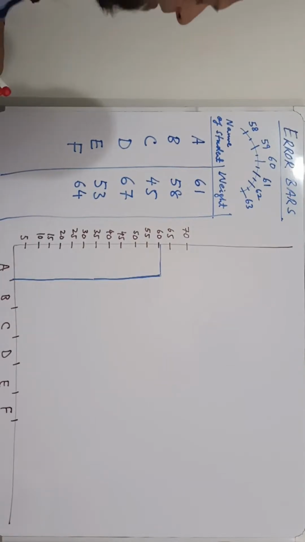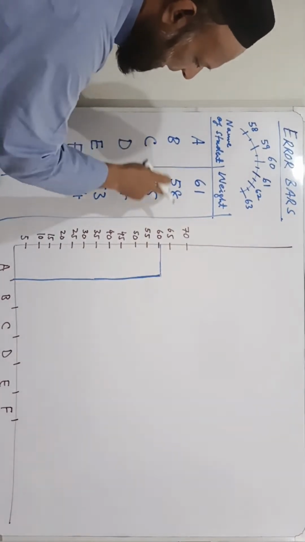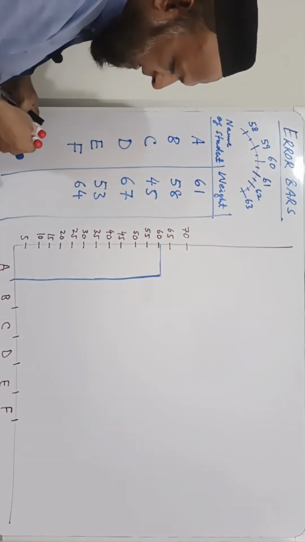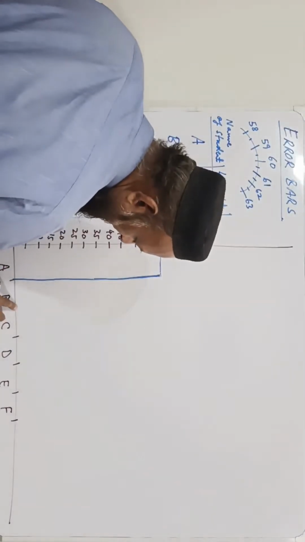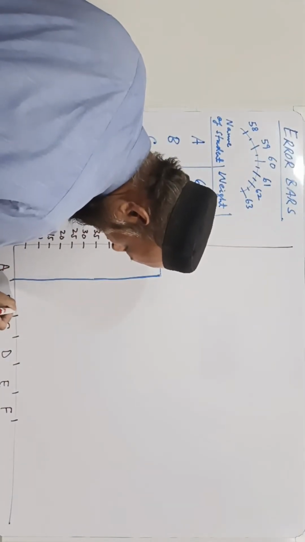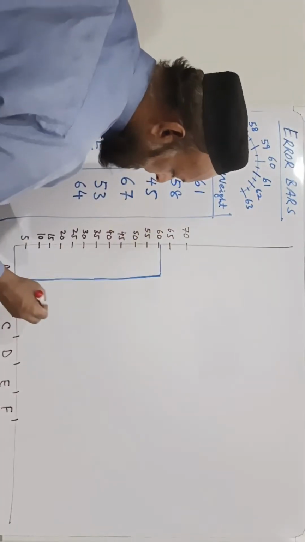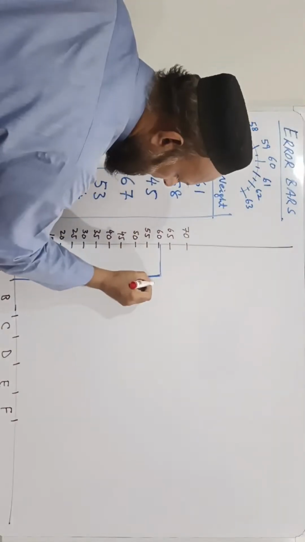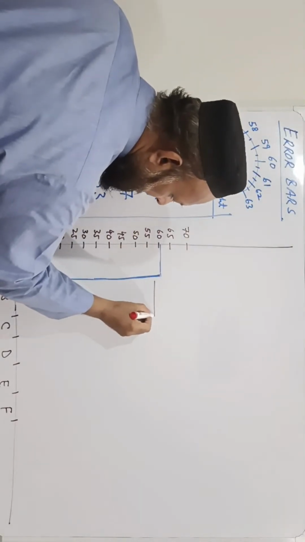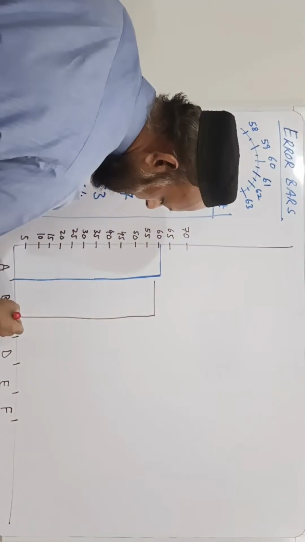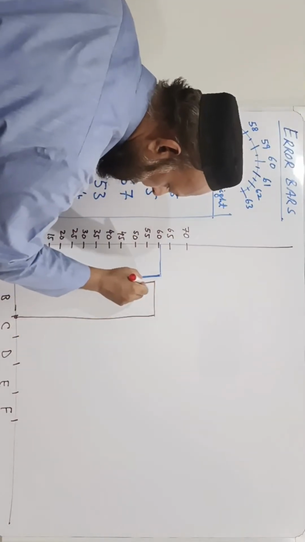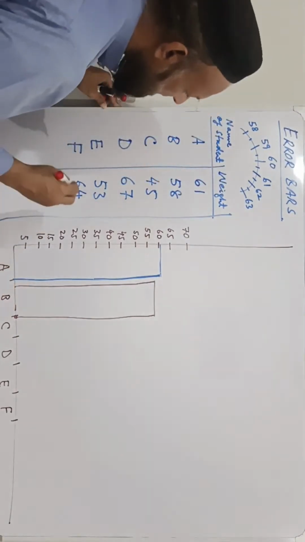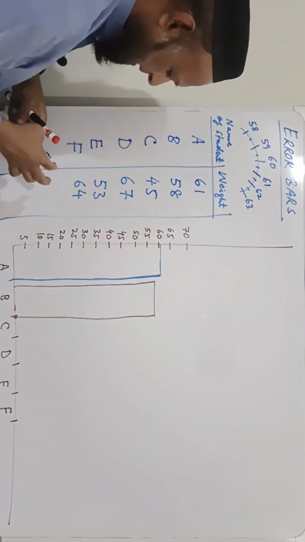Okay. For the B, B is 58. So okay, let's see where is B. I will leave some space between the two. Okay. B is 58. This is about 58. So this could be the B. Then C. C is how much?